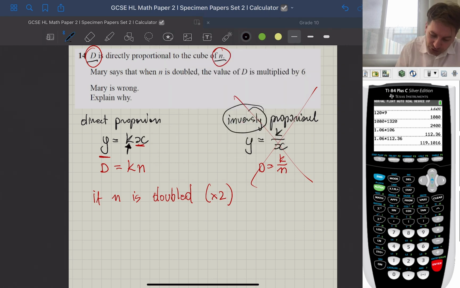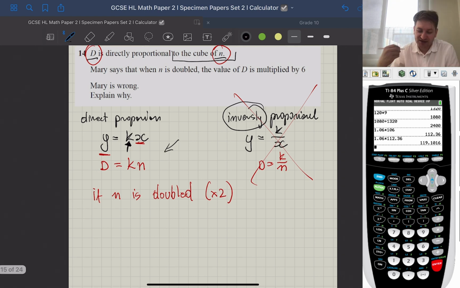All right, so to the cube of n, which means we have to adjust our formula. What I gave you as an example was when d is directly proportional to n. But this is directly proportional to the cube of n. So we have a power of 3.